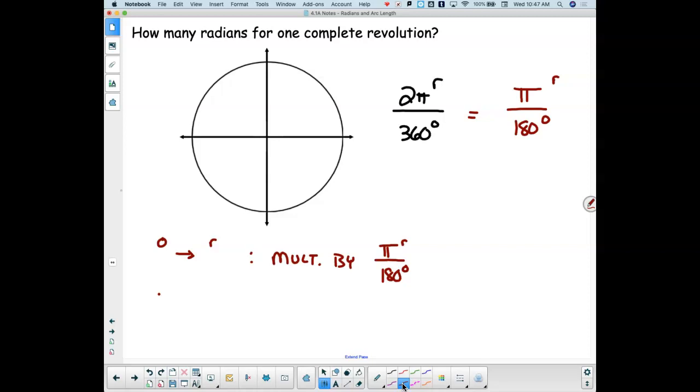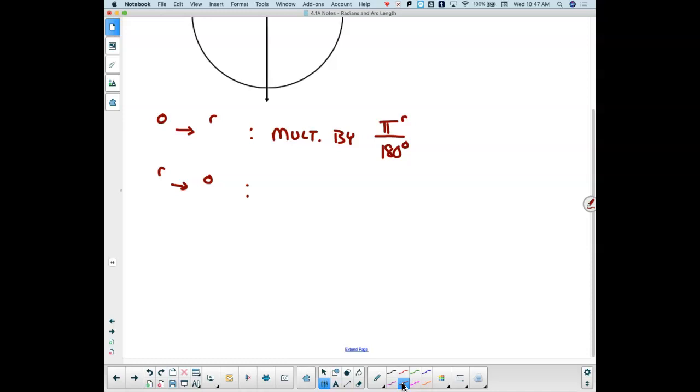If you are going from radians into degrees, what are you going to multiply by? 180 over pi, yep.